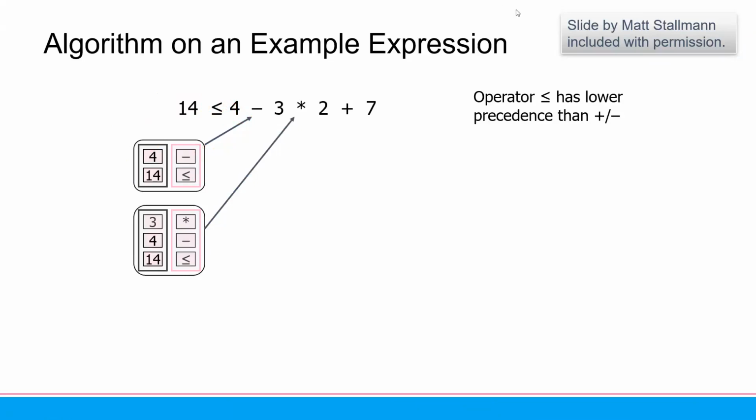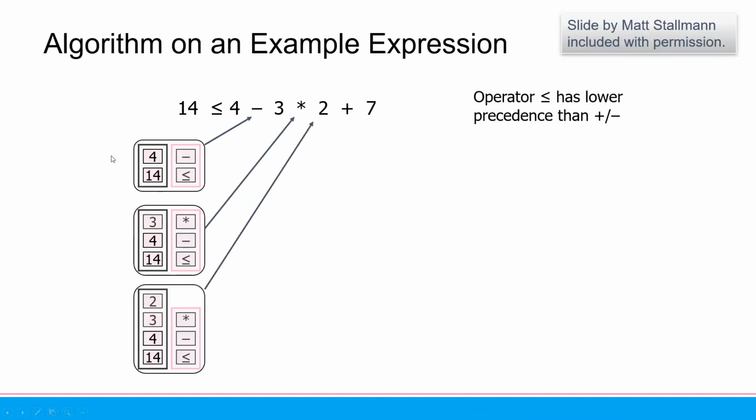Next, we will input the 3 in the top of 4, and then we put the multiply in the top of the minus. Next, we will put the 2, but when we put the 2 here, we know that the multiply has a higher precedence than minus.